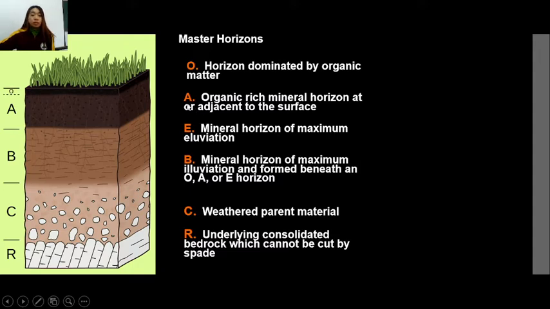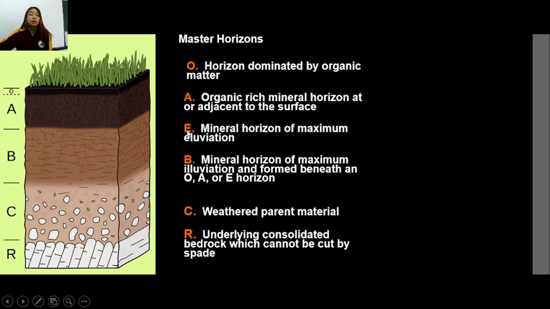Now, horizon A is an organic-rich mineral horizon. If the O horizon is the accumulation of organic matter, the A horizon is the accumulation of minerals adjacent to the surface.